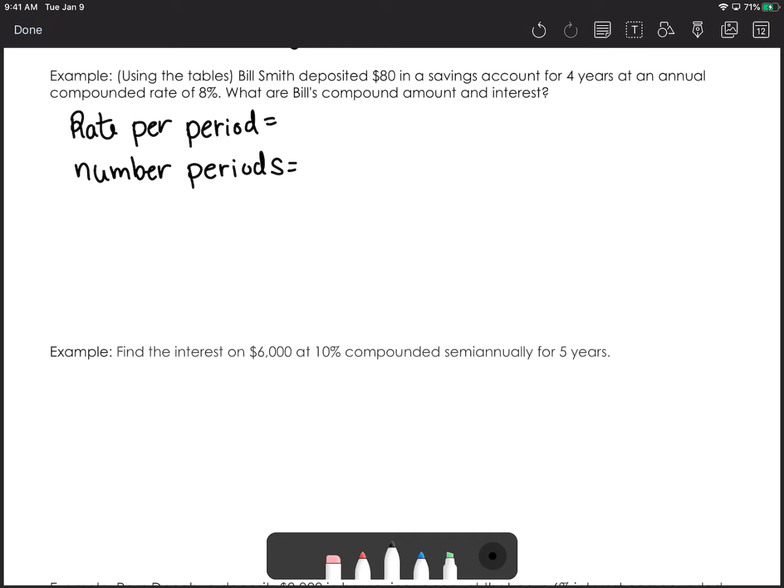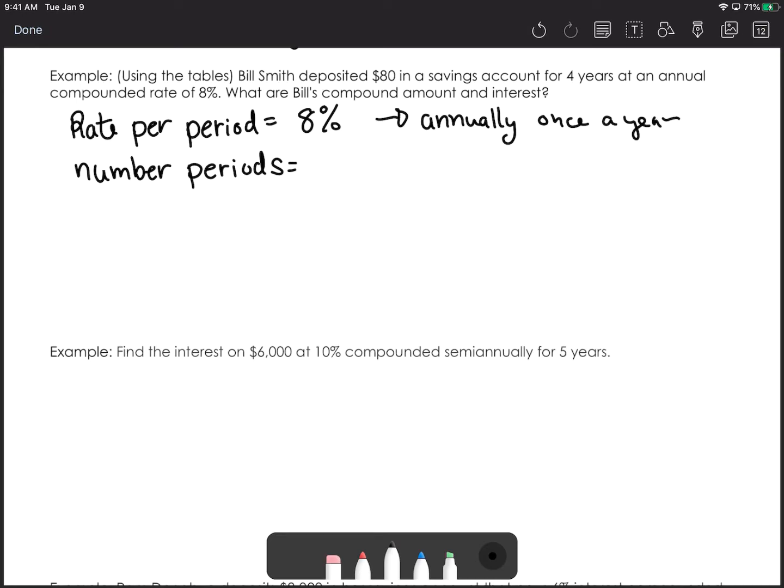Okay, so in this example where we talked about depositing $80 and doing it for 4 years, compounded annually, that means once a year for 4 years. And we're going to figure out what the compound amount is and what the interest is. So the rate per period, in this case, is going to be 8%. Since it's done annually, that means once a year.